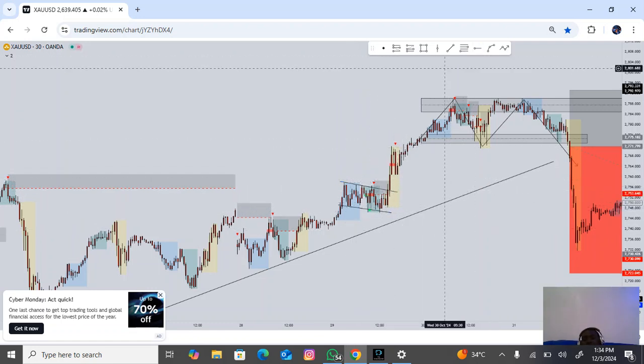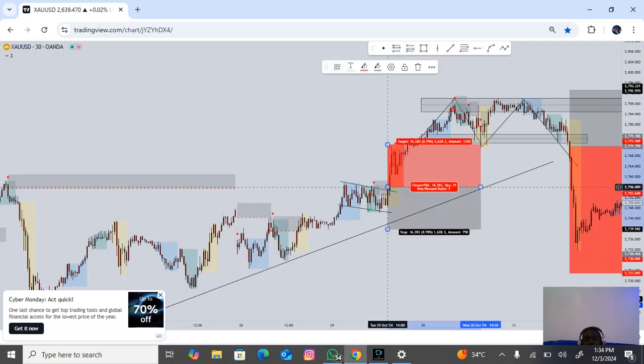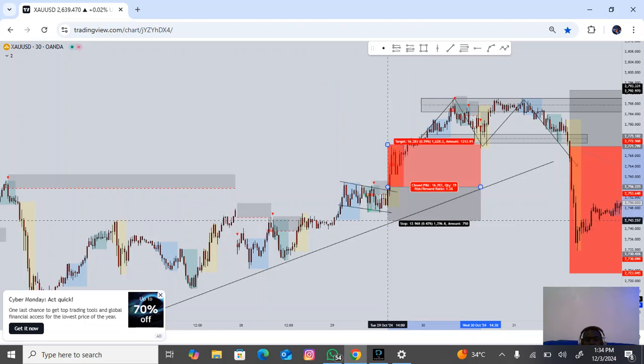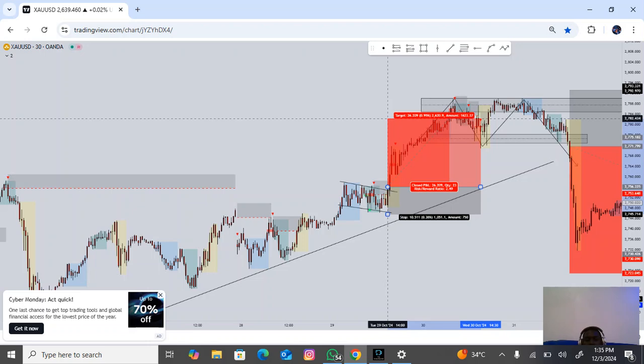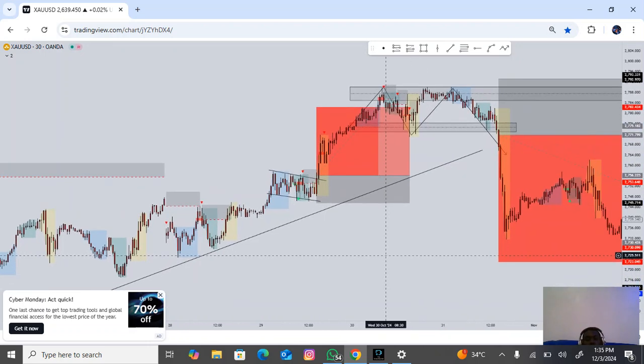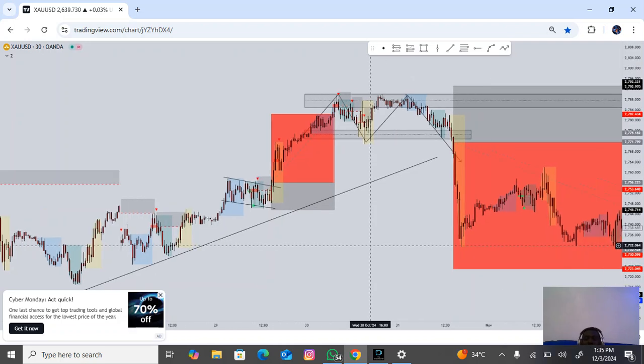This is where you can get your trading opportunity right here. Stop loss below this zone and you target your 2R. Simple as that. As you can see, those are examples of the flag patterns.